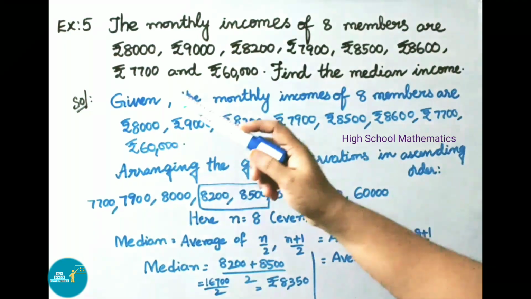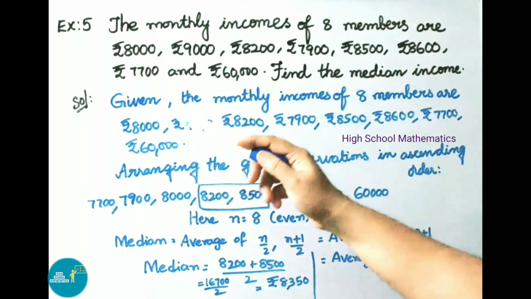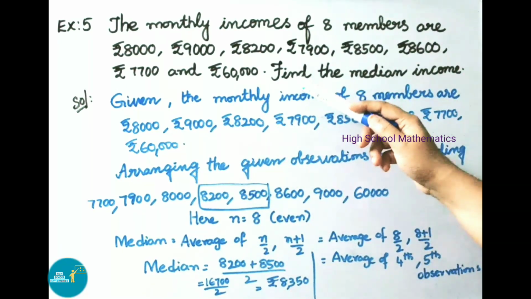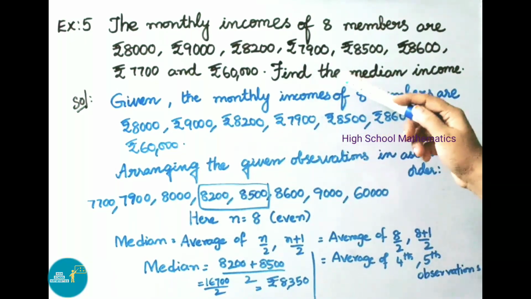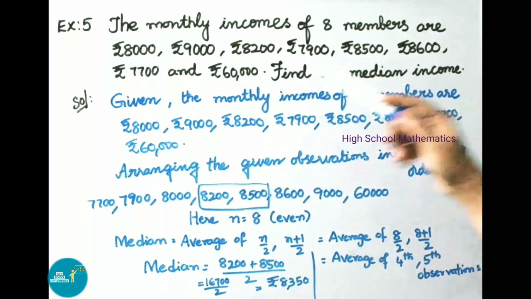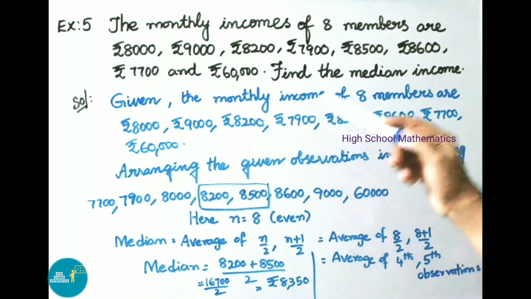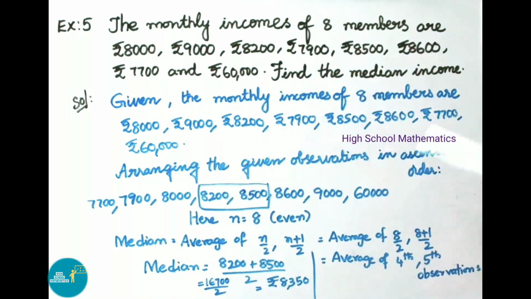Example 5: the monthly incomes of 8 members are 8,000, 9,000, 8,200, 7,900, 8,500, 8,600, 7,700 and 60,000 rupees. Find the median income. Let us see the solution.